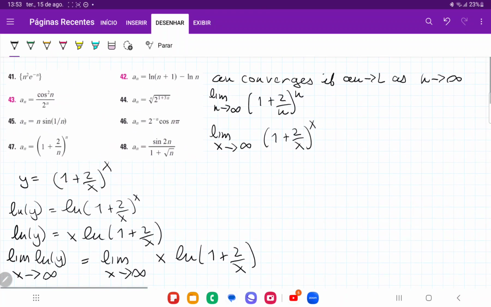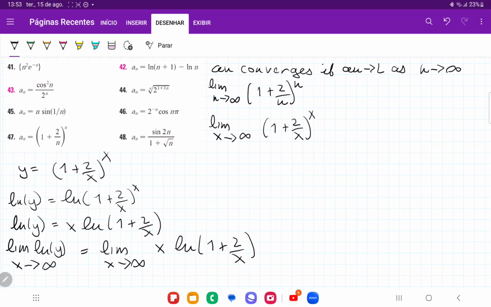Okay, and so if we take this limit as x approaches infinity, I'm just going to do this separately. If we take the limit as x approaches infinity of ln of 1 plus 2 over x, this 2 over x is going to be 2 divided by infinity, right?